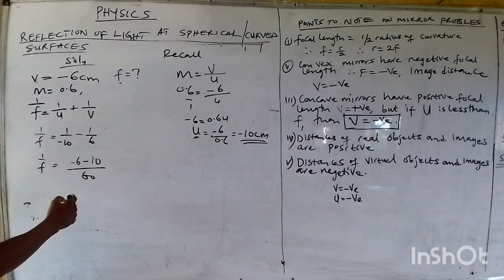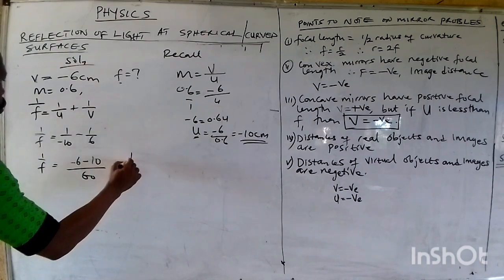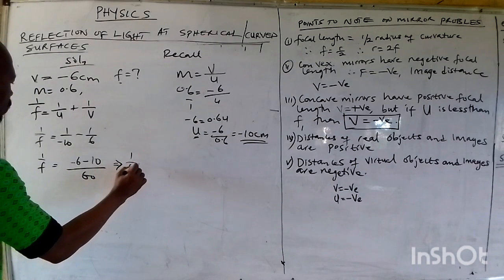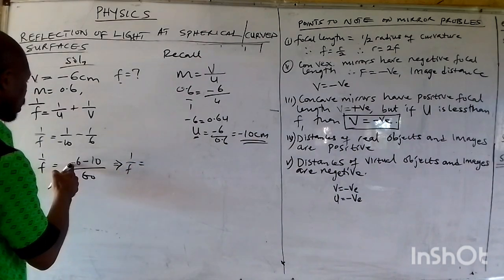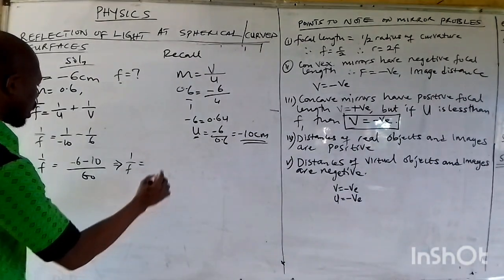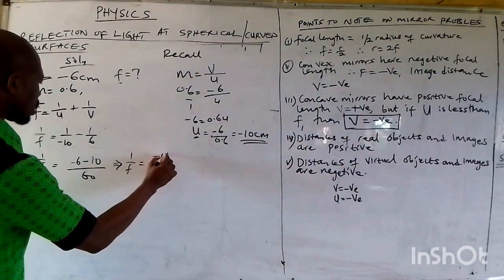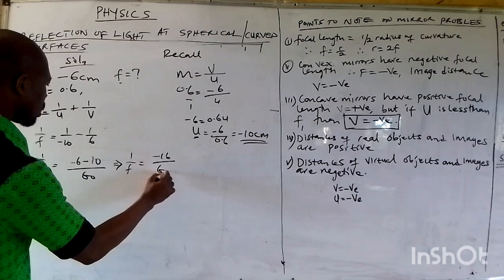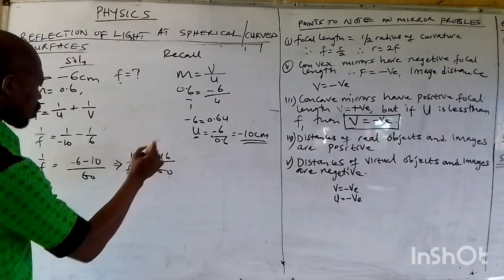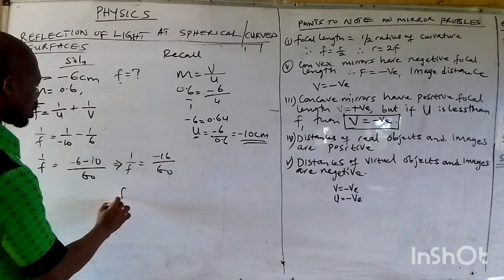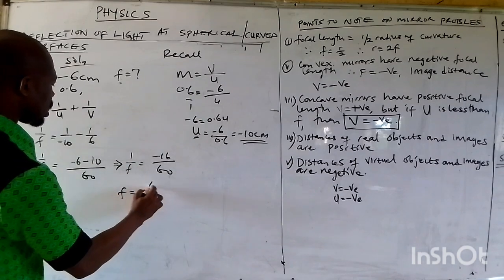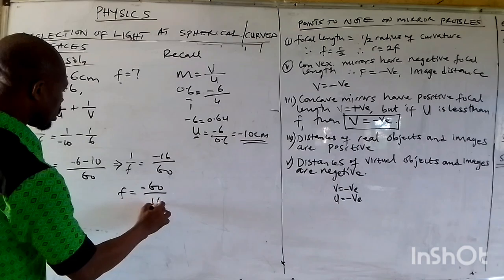Then, which will give us 1 over F equals minus 6 minus 10, which will give us minus 16 all over 60. Now we can even cross multiply to make F the subject. F will now give us 60 all over 16.